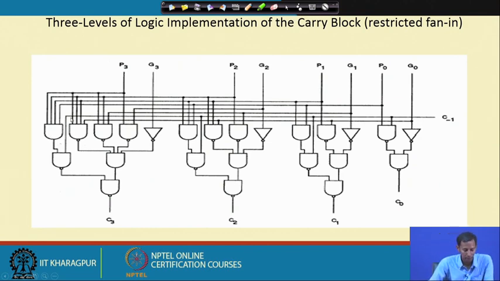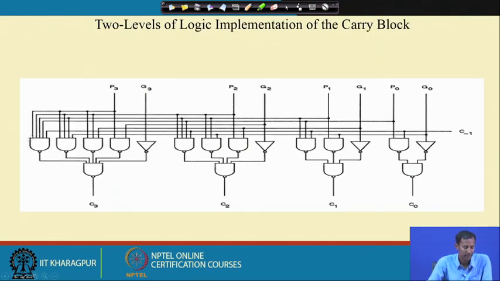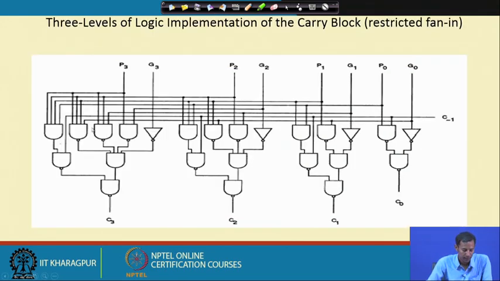At that time, in the same circuit, there was a 5 input gate, and if I restrict the fan in to 4, I need one AND gate which does the 4 inputs, then another one where I consider the 5th input.